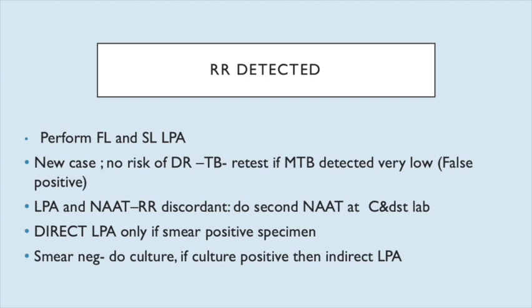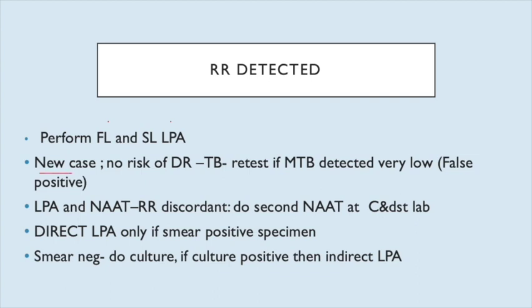Let's go to a situation where rifampicin resistance is detected. We now are able to have a predetermined flowchart in our mind. We will perform first line LPA, we will perform second line LPA if available.